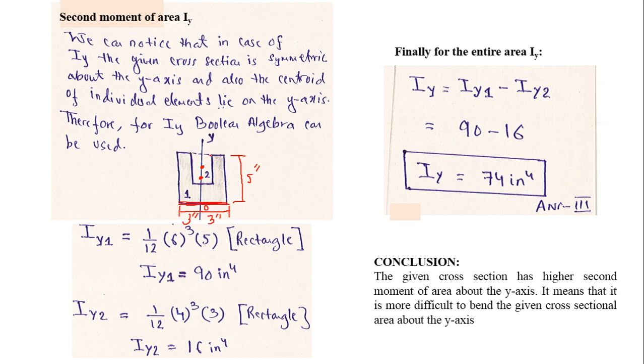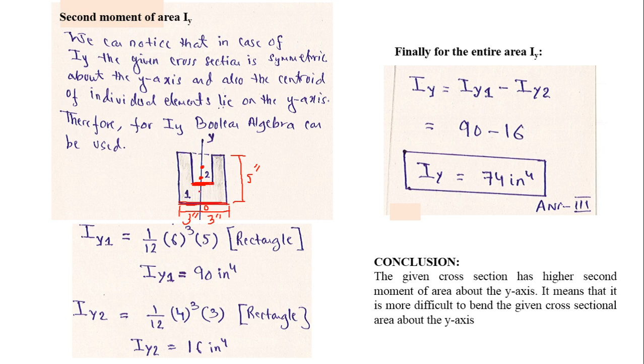Similarly, my shape 2 is also a rectangle. So I will be using the same formula, 1 by 12 a cube b, and this time I am going to take the cube of this dimension, because this is the dimension that is perpendicular to the y-axis.